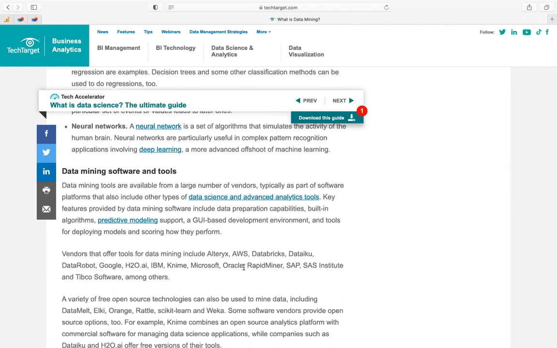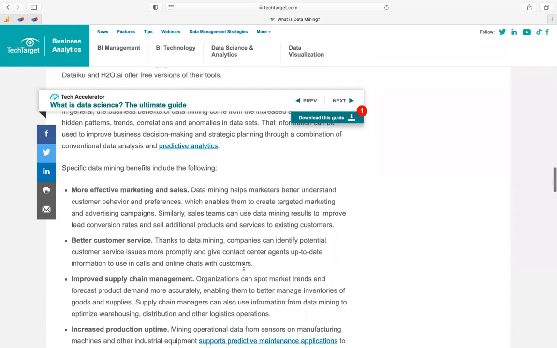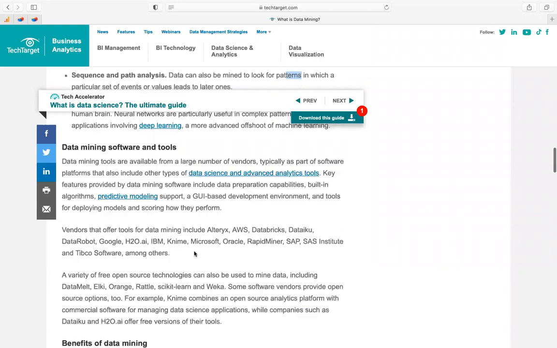Data mining tools and software. Now we have a lot of data mining tools. I will send you this list in a Slack channel. I will recommend you download Microsoft Power BI on your machine. If you are using a phone, I don't think you can, but try and get Microsoft Excel on your phone too.